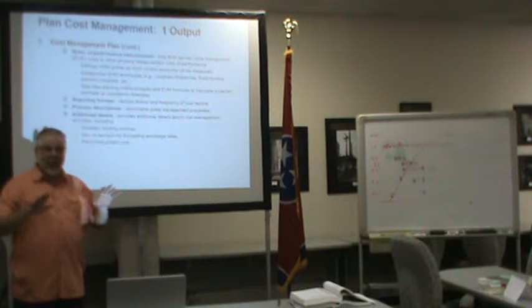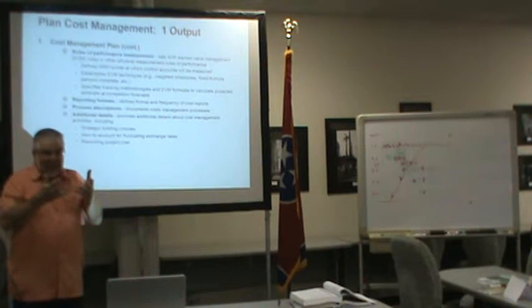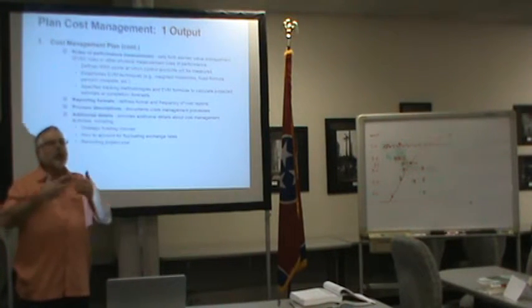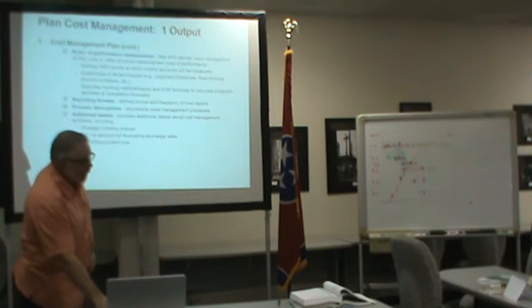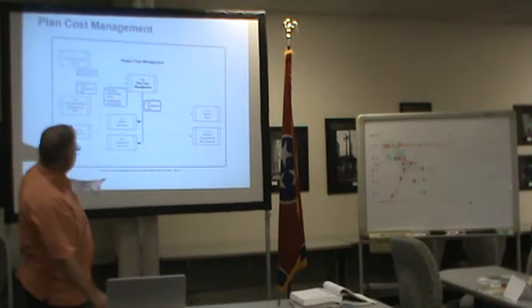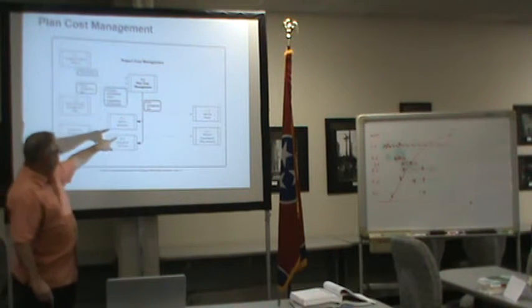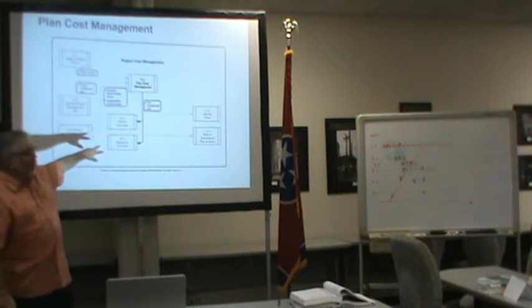Remember I said earlier on, all we're doing right there is producing the plan that says, here's how we're going to manage cost. So that's all that is about. So the output is just the cost management plan. And you see that's an input into several other processes.